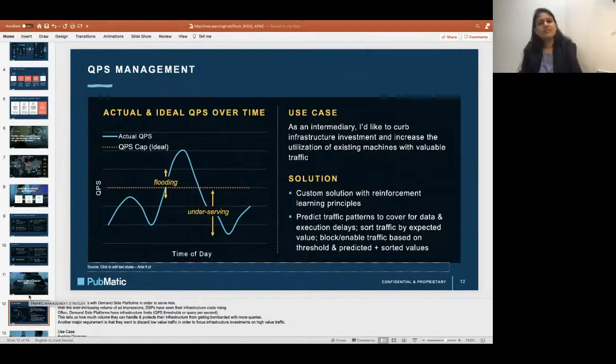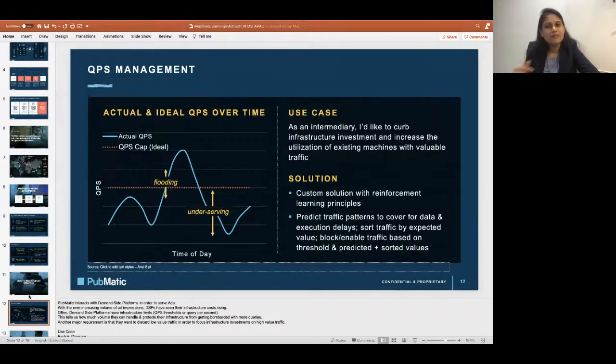QPS management, or query per second management, is one of the solutions in the traffic management section. As we have already seen how PubMatic interacts with the demand side platform in order to serve the ads, with the ever increasing volume of ad impressions, DSPs have seen their infrastructure costs rising as well.